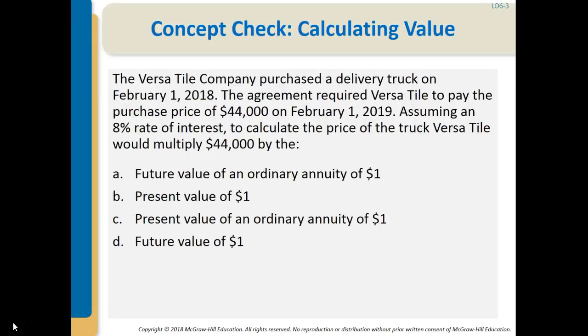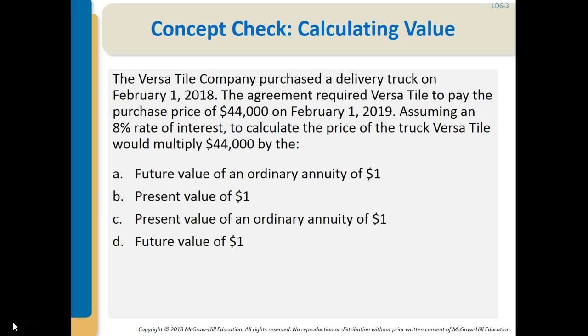Now let's take a look at a concept question for you. The Versatile Company purchased a delivery truck on February 1st, 2018. The agreement required Versatile to pay the purchase price of $44,000 on February 1st, 2019.